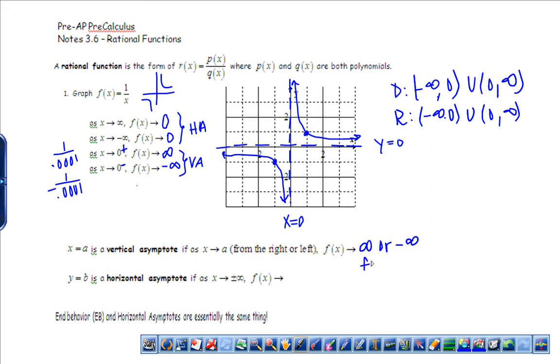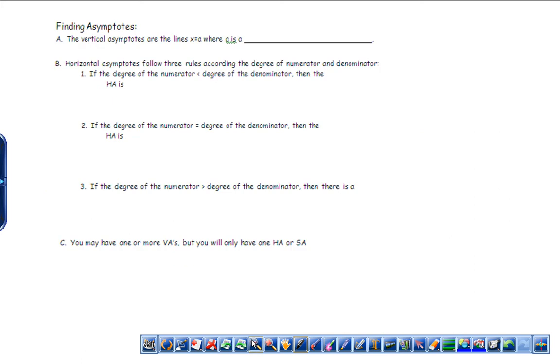That means that your f of a is going to be undefined. y equals b is a horizontal asymptote if as x approaches positive and negative infinity, your f of x is going to approach your b value. It says your end behavior, or EB, and your horizontal asymptotes are essentially the same thing. And we're going to get into more of that as we get more into this lesson, some graphing.